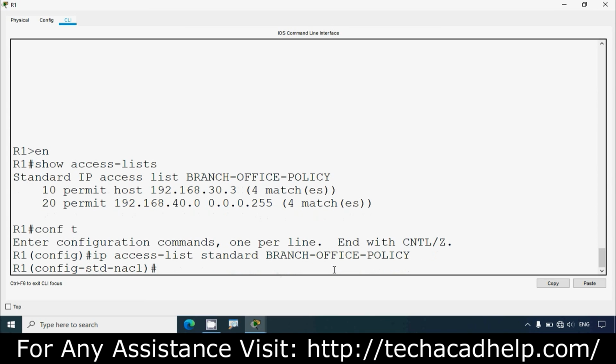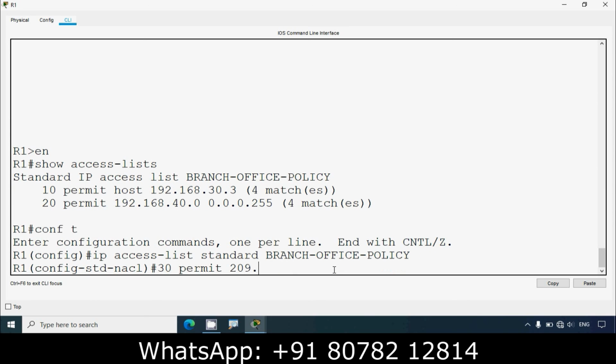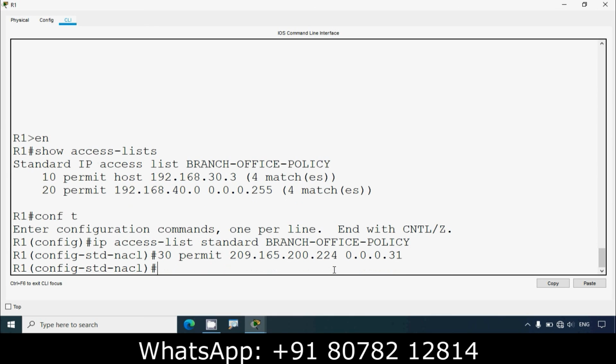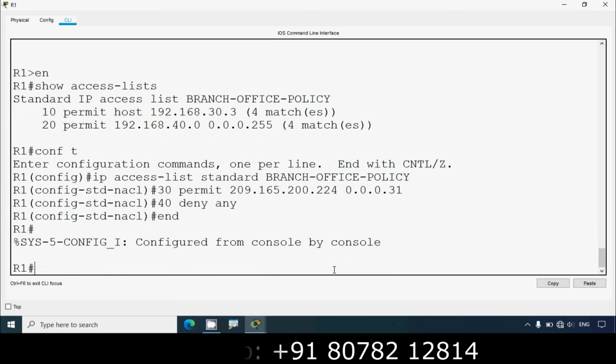Here we are going to add those lines, that is 30, permit 209.165.200.224, then we give the wildcard mask 0.0.0.31. Also we will add line number 40, and we give deny any. End.